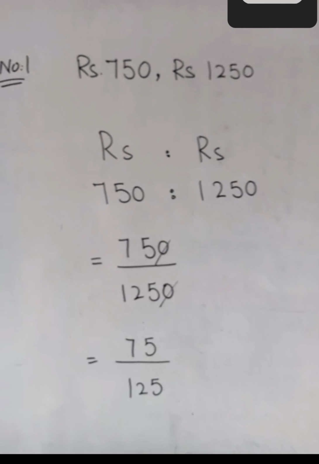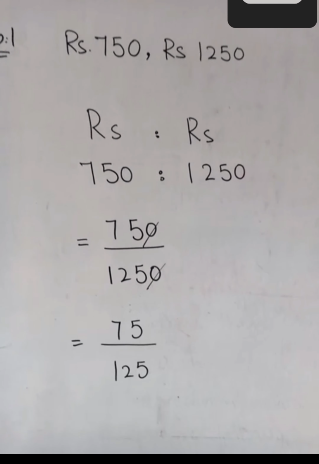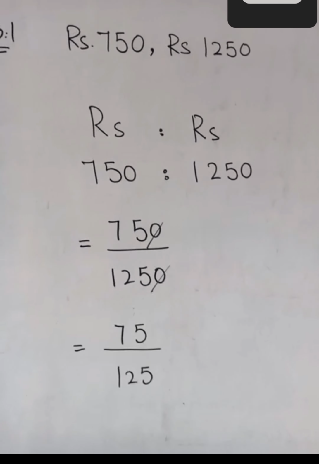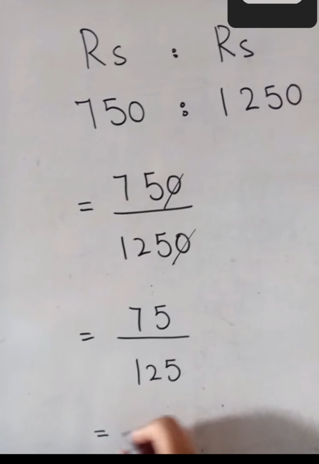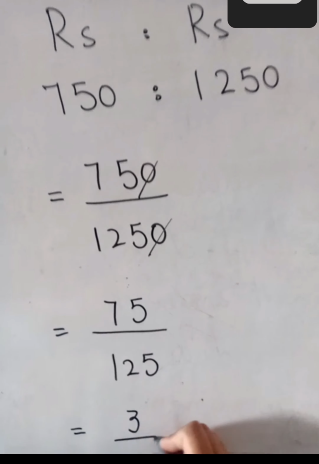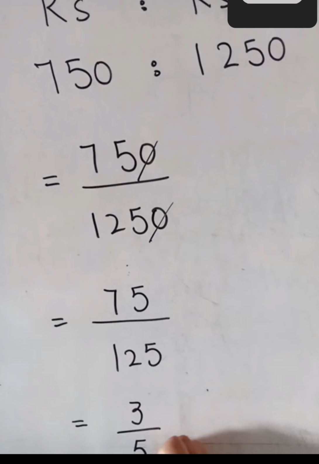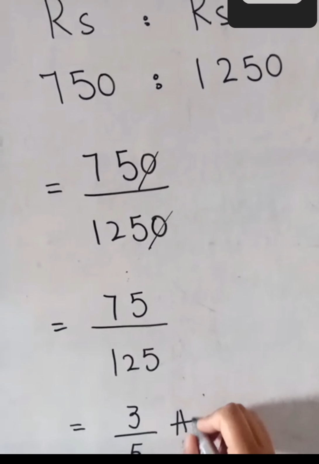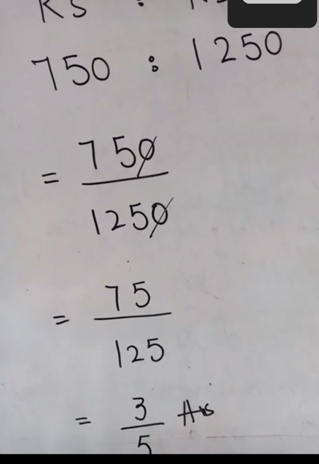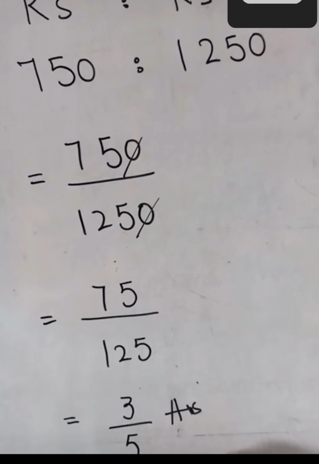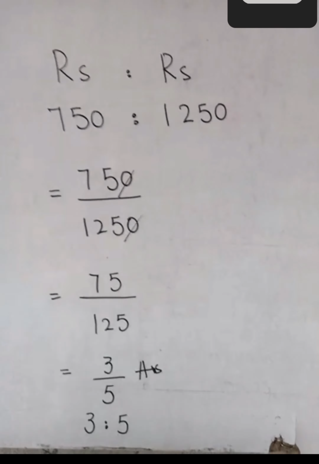It will be 3 by 5, cutting by 5. Your final answer will be 3 by 5. This is your fraction, and when you write it in ratio again, it will be 3:5. You can express your answer in both ways.